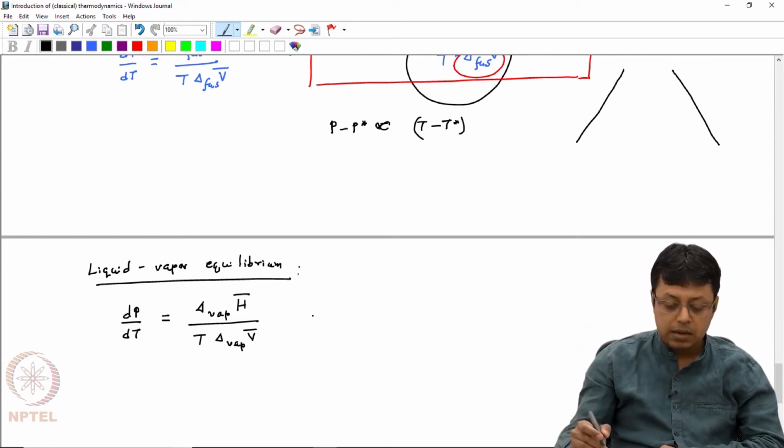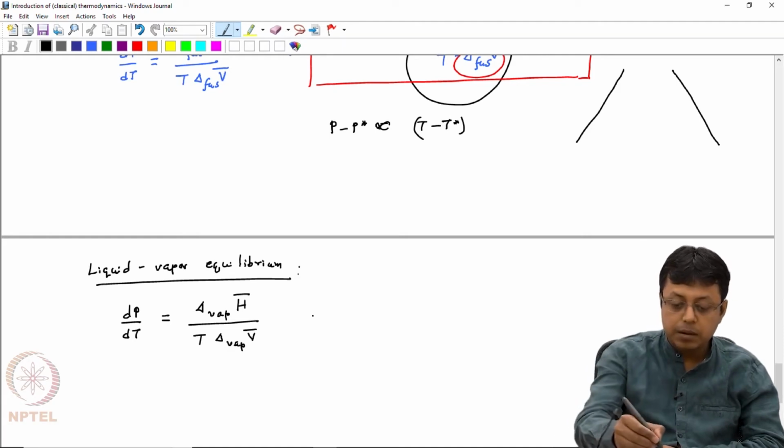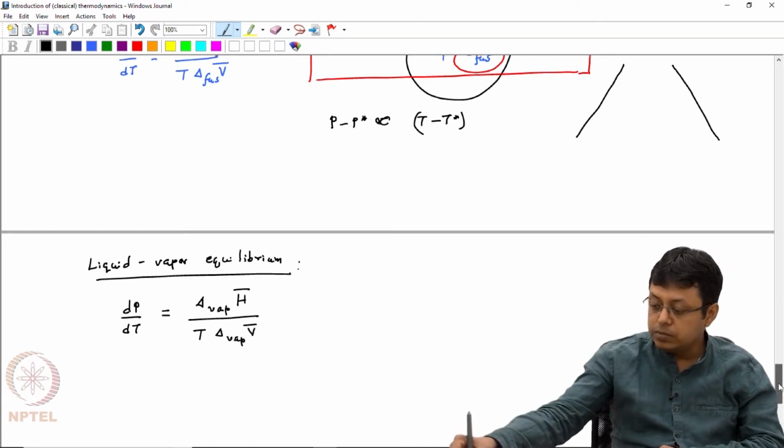And if you use that, then you can get a simpler form for this equation.